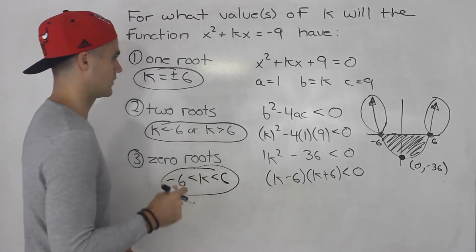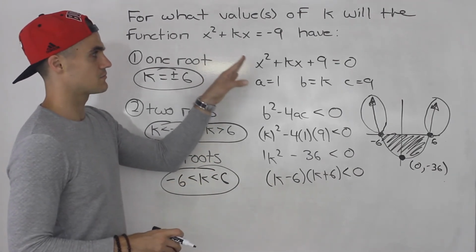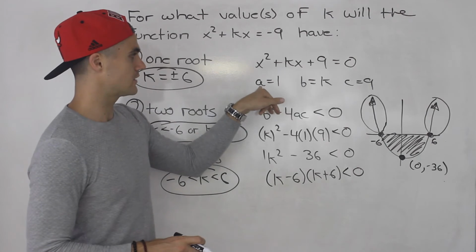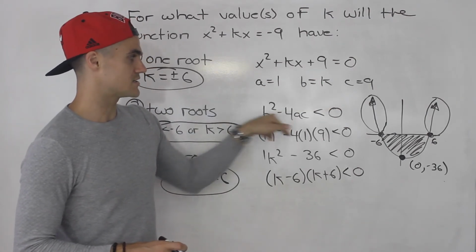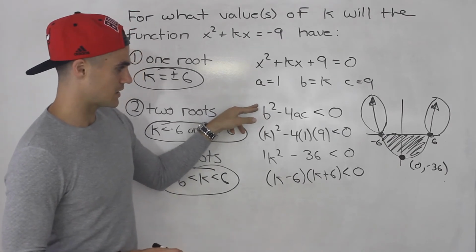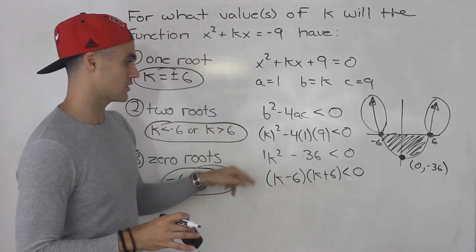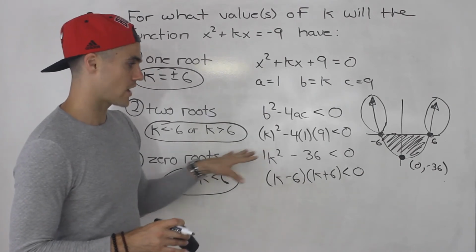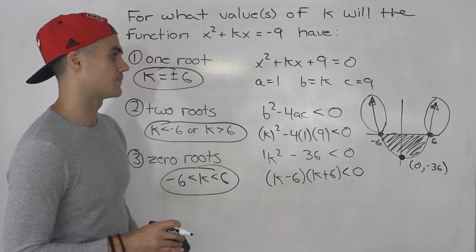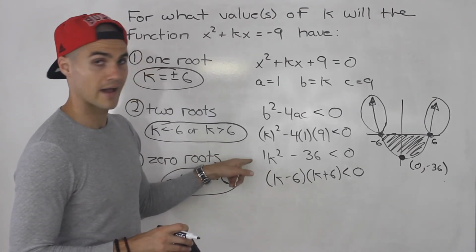All right, and those are your 3 answers. So the way you want to do these types of questions, bring everything to one side, get your a, b, c values, and then plug it into the discriminant. And then usually what will happen, not always, but usually you'll end up getting a quadratic here. And with the quadratic, all you need is basically, is the quadratic opening up or down?